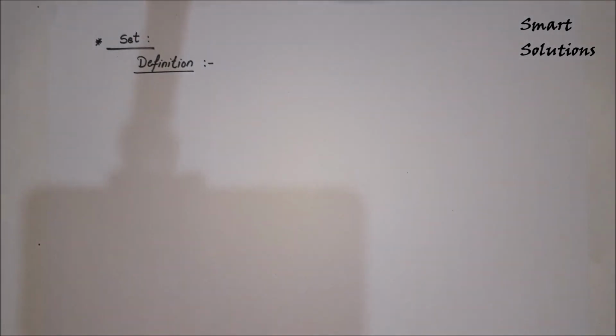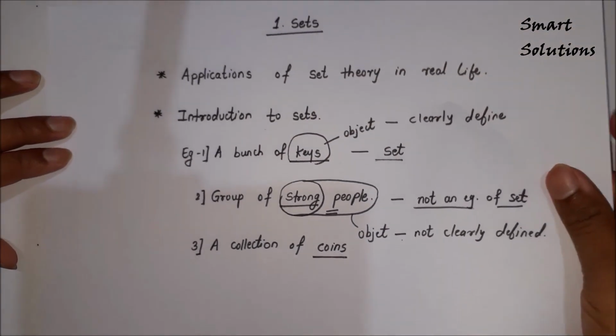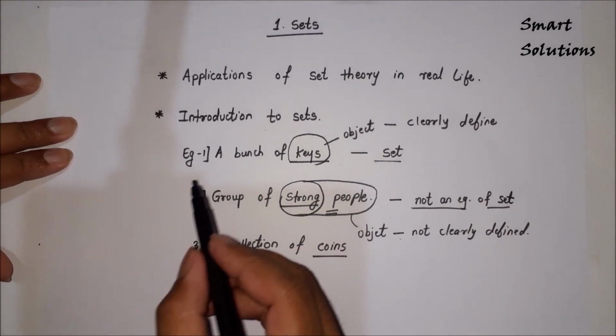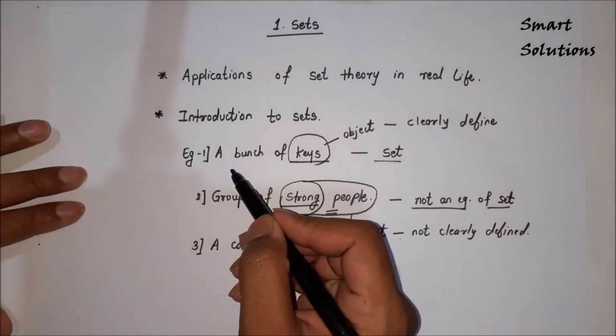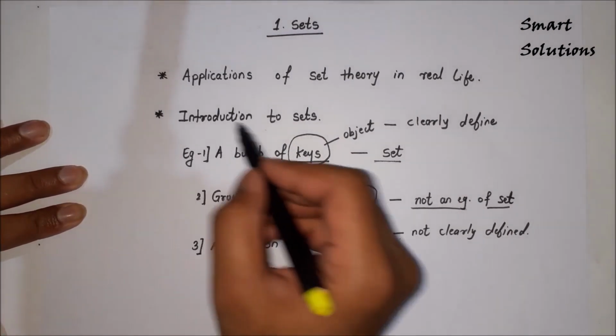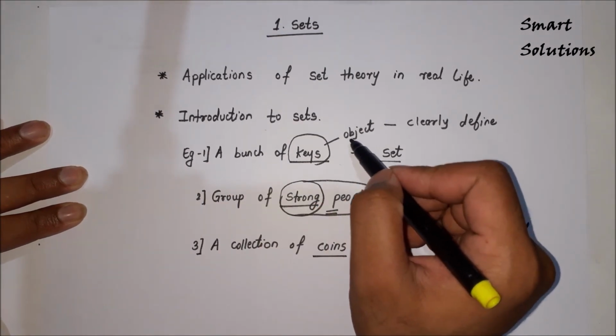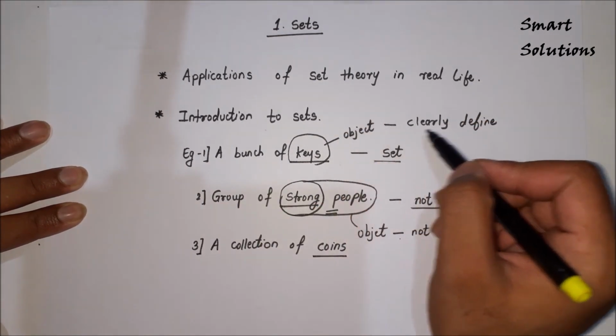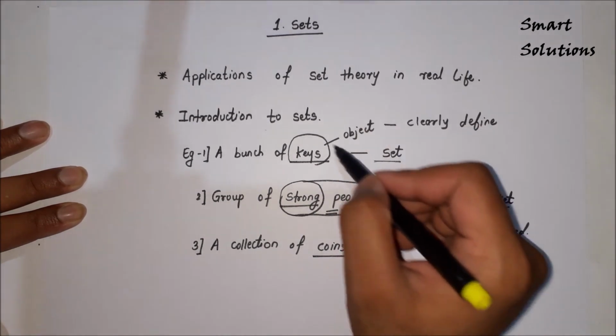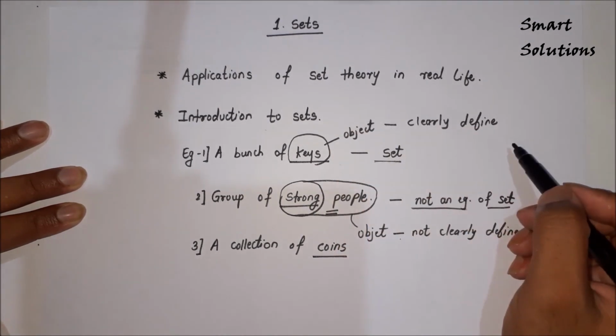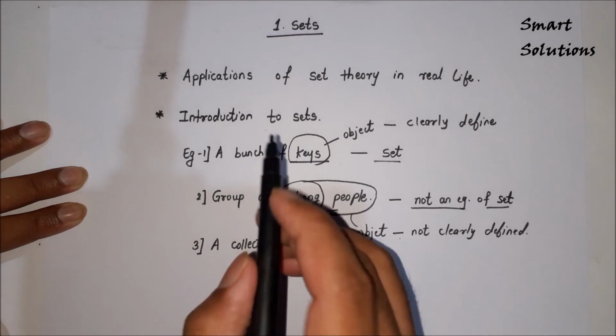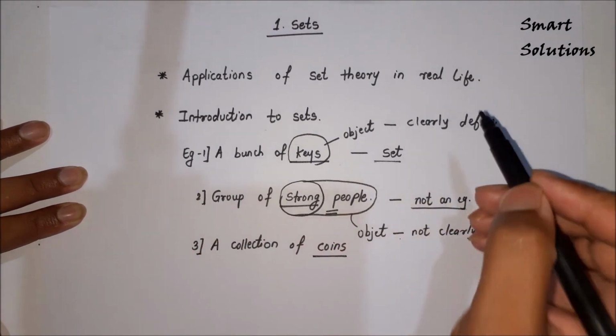If you look once again at the previous examples that we have considered, what we have said here is that if there is a group of objects and if those objects are clearly defined, that is, we can define their characteristics or property clearly, then that group of objects can be called a set.